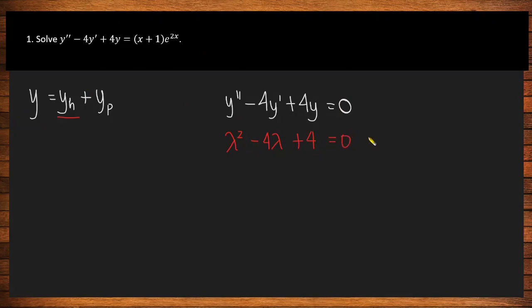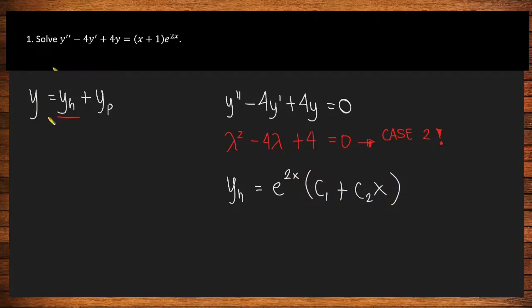Now, if we examine the roots of this auxiliary equation, makikita natin that this will fall under case 2. Double roots siya. So now we have the value for our y sub h, and that will be equal to e raised to 2x times c sub 1 plus c sub 2 times x.